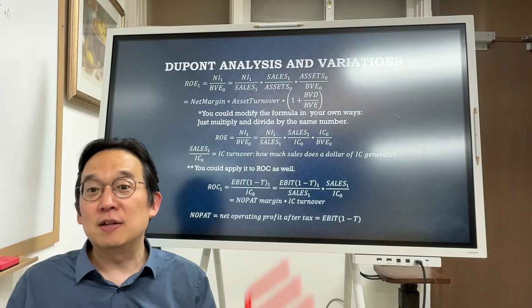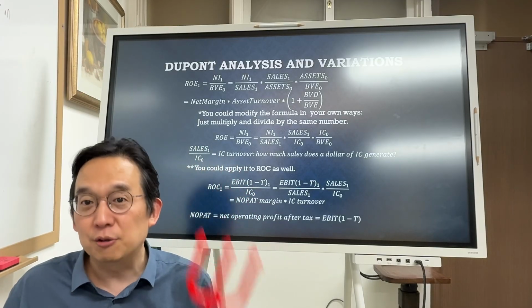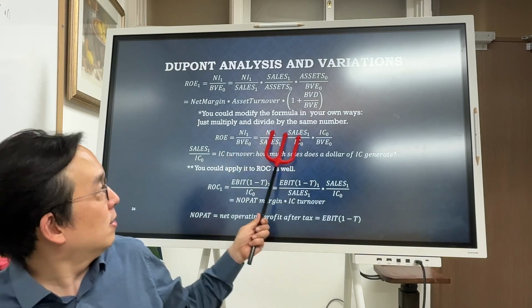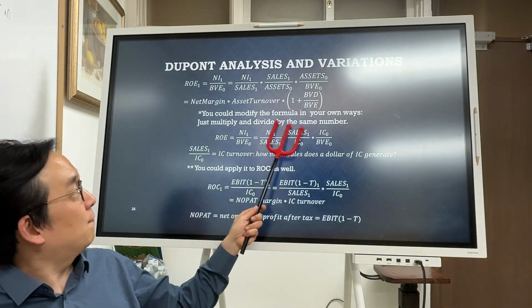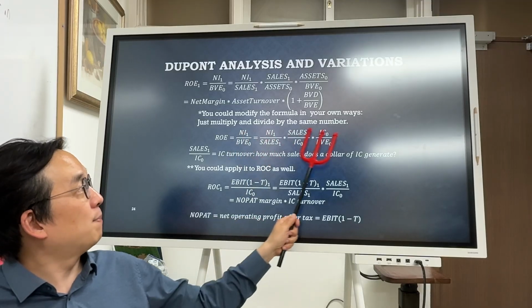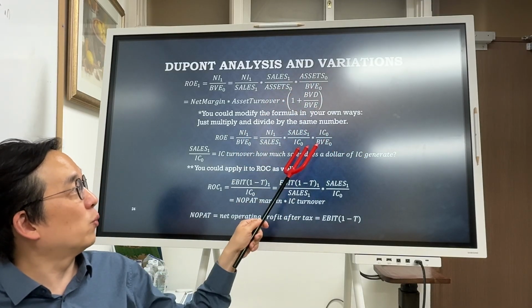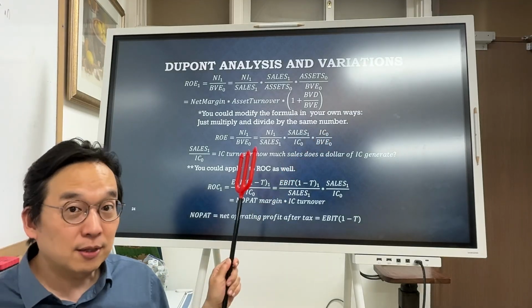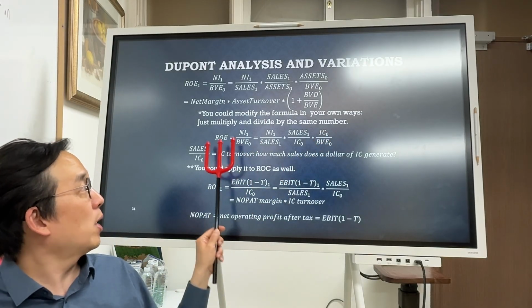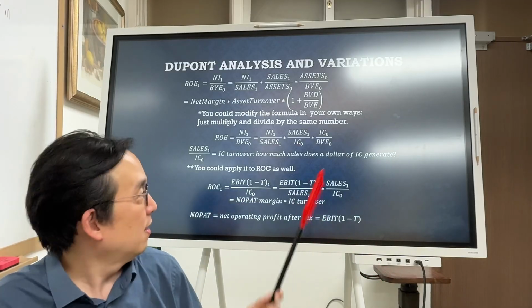You can tease out those stories based on those numbers. Look at the graph, and you could modify the formula in your own way. Just multiply and divide by the same number. Instead of assets, you can replace it with IC, invested capital. That's also something you can do, but the idea will be similar anyway.